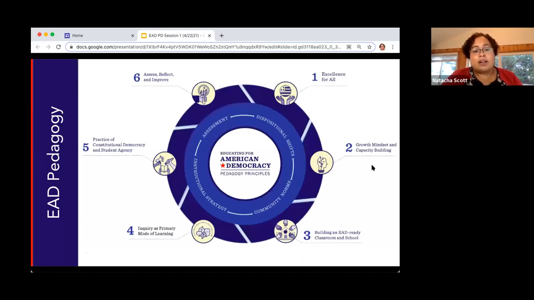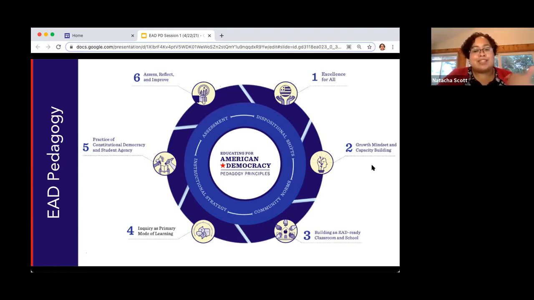Now, another piece of the Educating for American Democracy initiative is the EAD core pedagogical principles. These six principles really establish the expectation for excellence for all and the growth mindset necessary to achieve that, and then gradually transition into building an EAD-ready classroom and school.